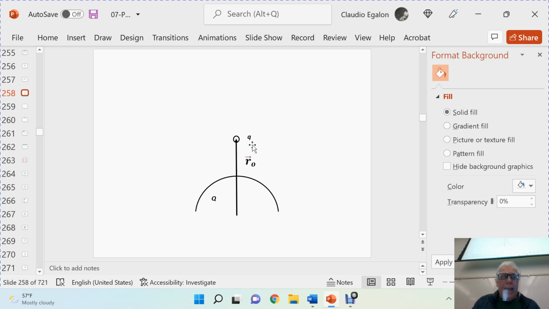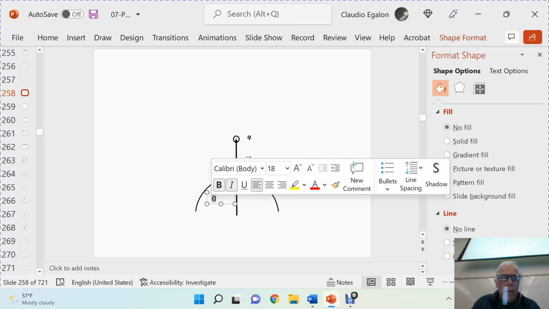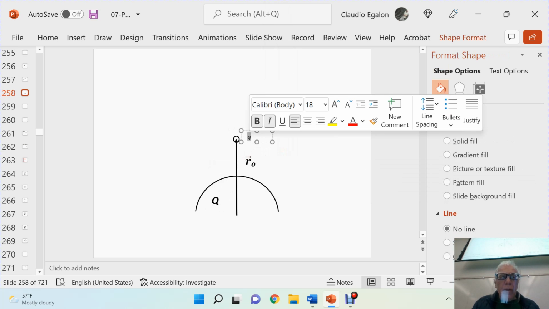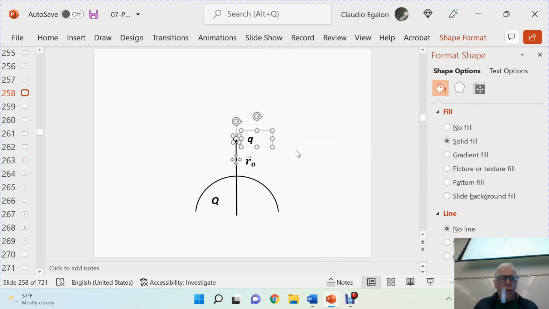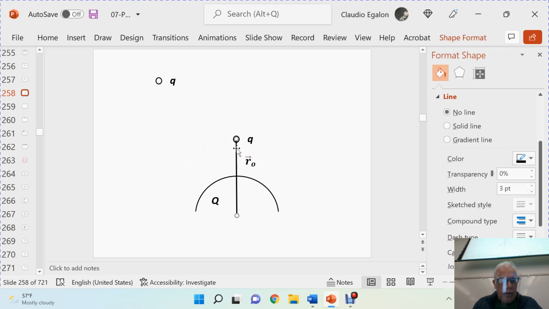Let me increase the font size so everything becomes visible. So this charge is then moved from one place to another. The path doesn't matter because it is a conservative force. Because of that, I'm not even going to show what the path is.